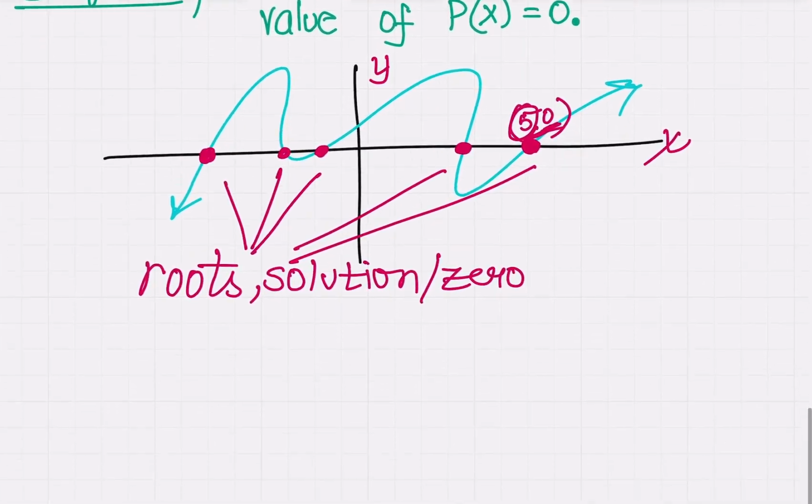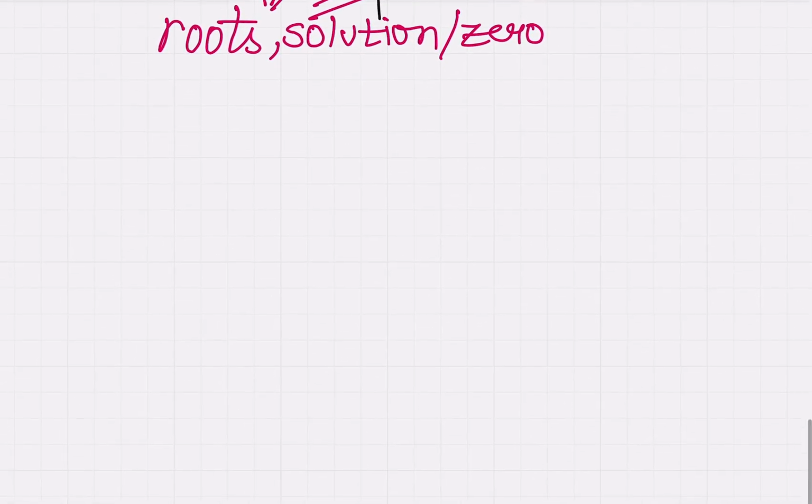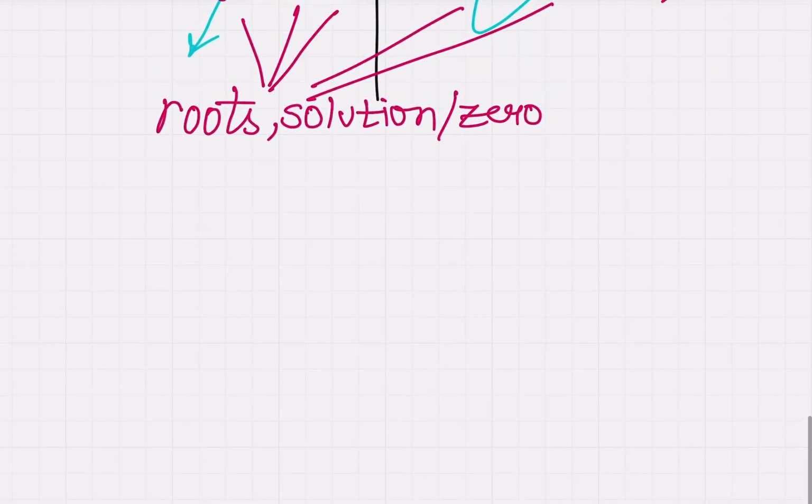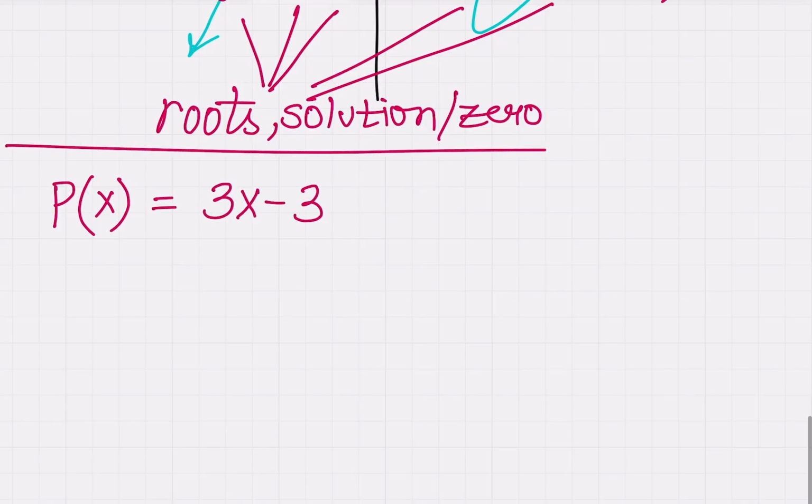So let's take a look at what it actually means algebraically also. Still we are talking about the roots of the polynomial. Let us say we have the polynomial p of x equals 3x minus 3. And they are asking you what is the root of this equation. So think about it. What value of x will make this whole polynomial 0?